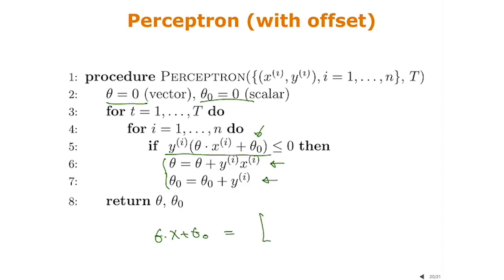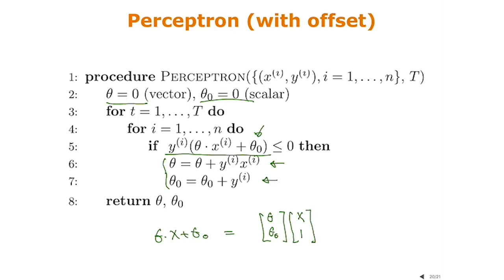I can write the parameter vector theta and add the scalar theta naught as the last coordinate, and then write down the example and put 1 as the last coordinate.